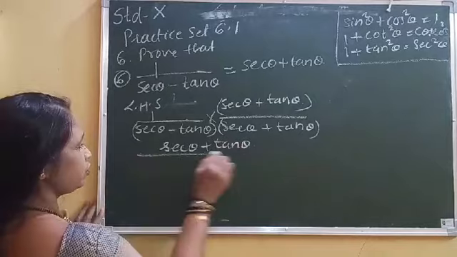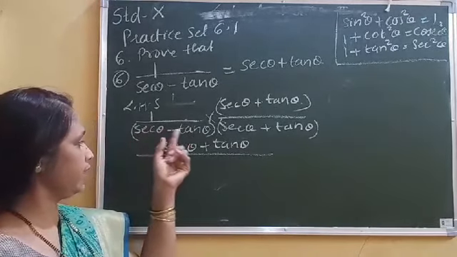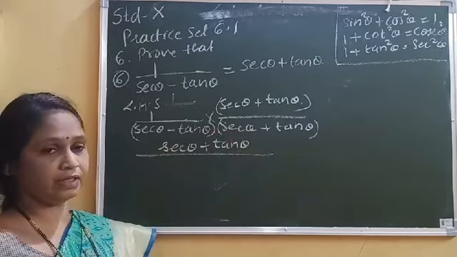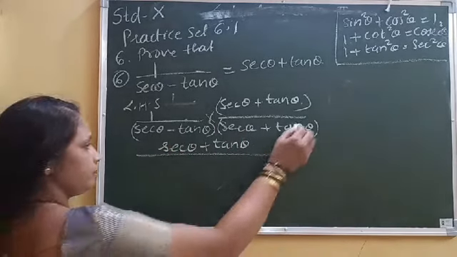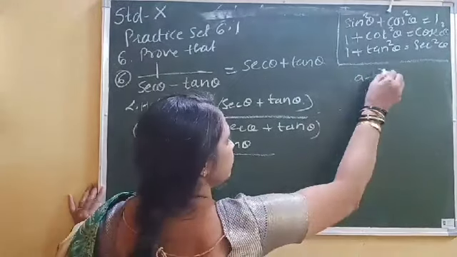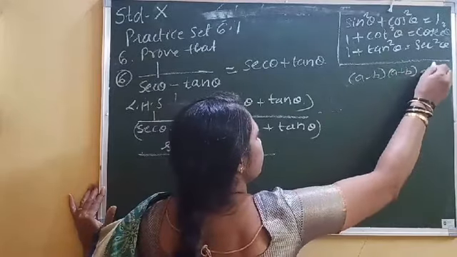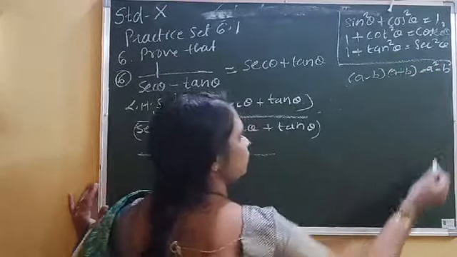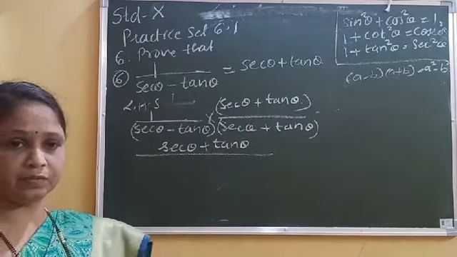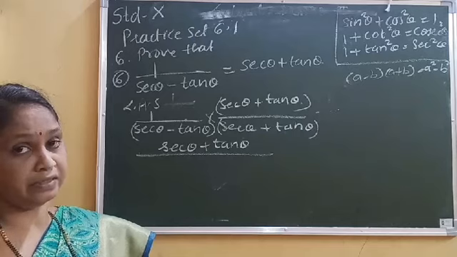Next, in the denominator we have a minus b and a plus b. A minus b into a plus b is a square minus b square.